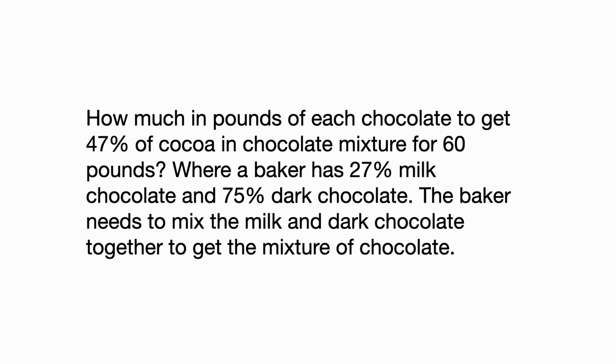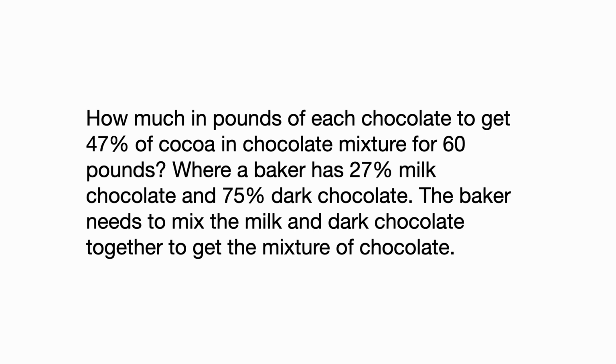Where we want to get a mixture of 60 pounds of chocolate to have 47% cocoa. The next sentence in the word problem states that a baker has 27% milk chocolate and 75% dark chocolate. So how many pounds of milk and dark chocolate will the baker need to make 60 pounds of the mixed chocolate?